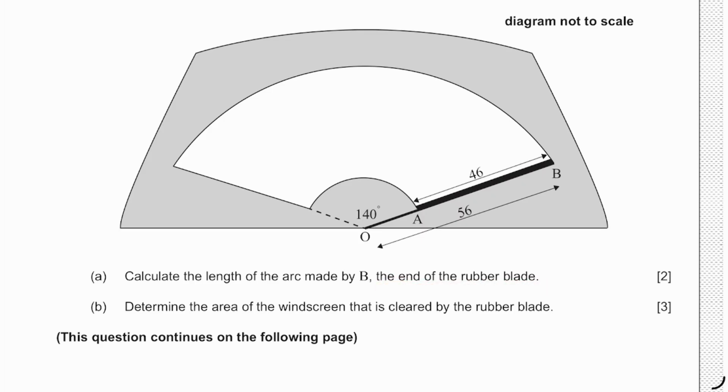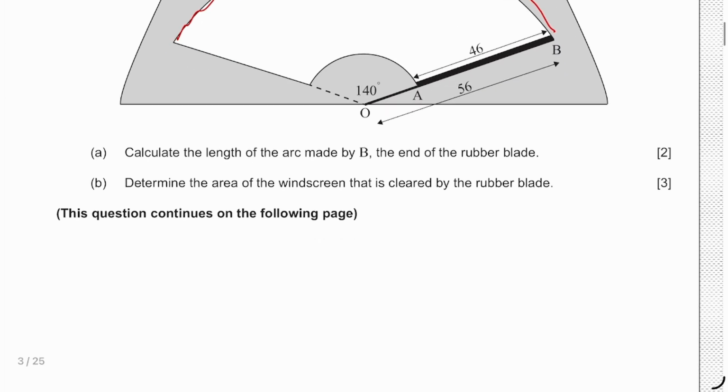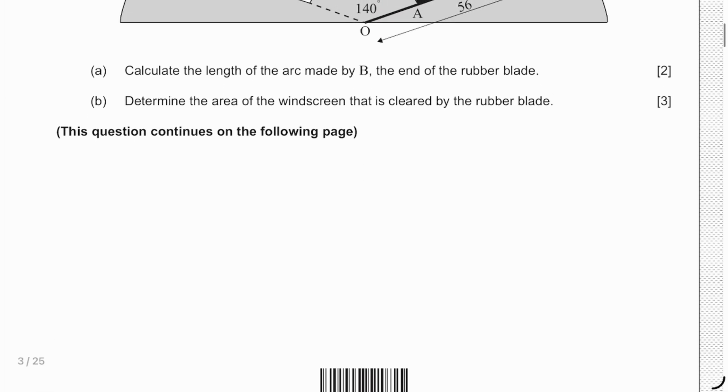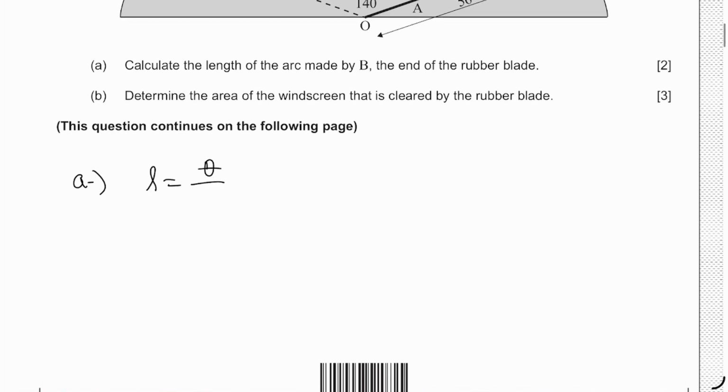So guys, they are asking you the length of an arc made by B, right? So basically it's this arc length that is asked. What is the arc length formula? Let me solve it here. Arc length L equals theta over 360 times the total circumference of the circle.